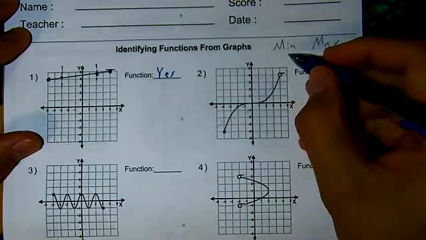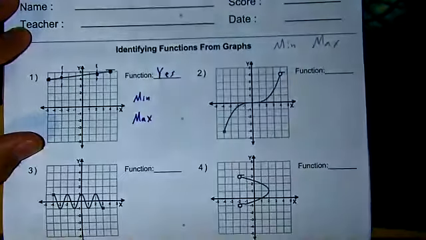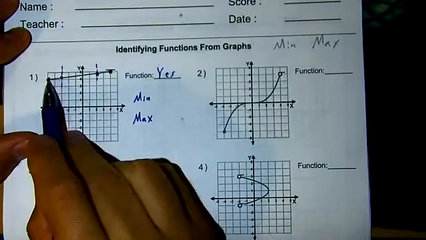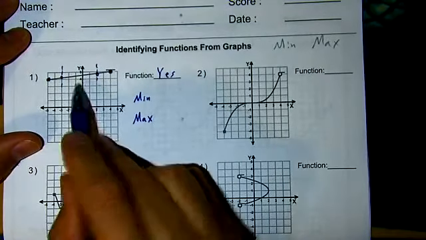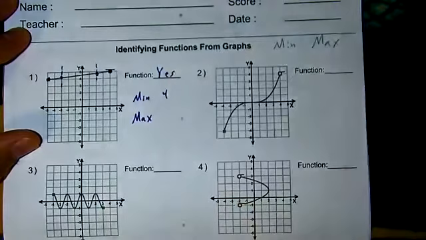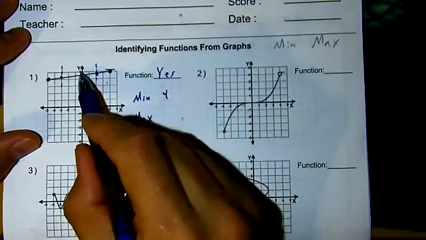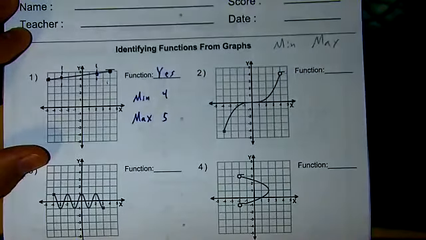So if they asked you what the minimum or the maximum was, and they usually only ask you one or the other, you're just going to see the lowest point. So the lowest point is right here. You're going to go over and look, number 4. So your minimum is just simply a 4. This is your highest point. You go over here, it tells you it's a 5. So your maximum is 5.